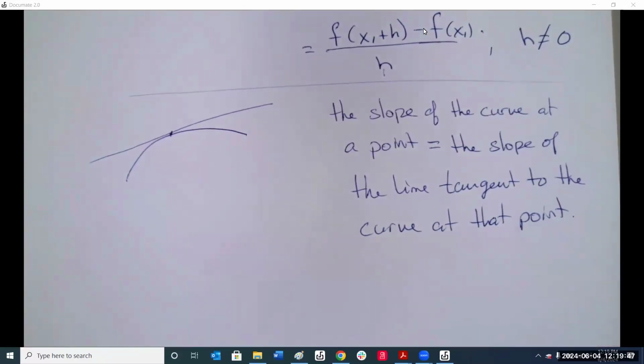Let that sink in. The slope of the line tangent to a curve is equal to the slope of the curve at that point.